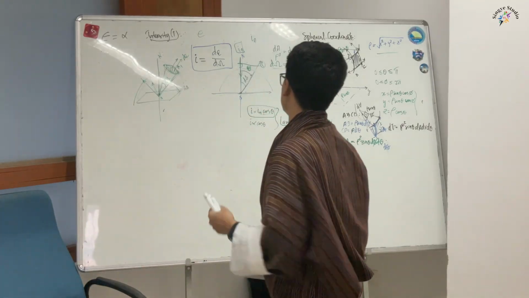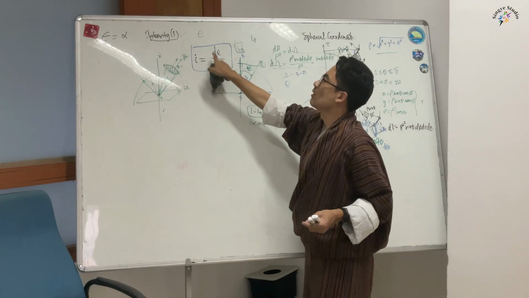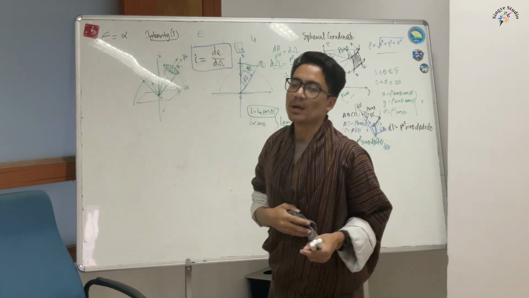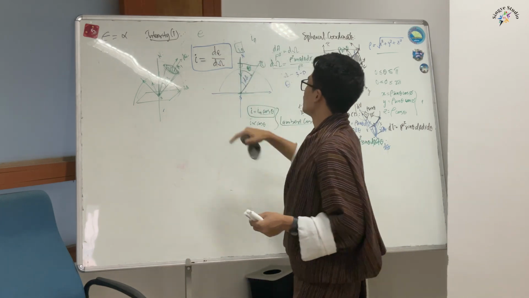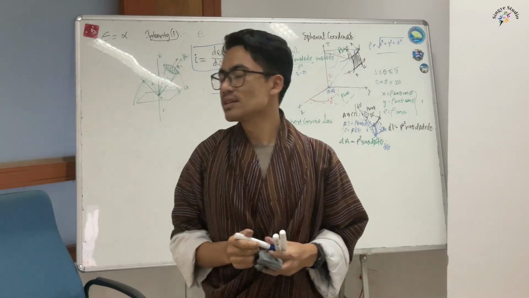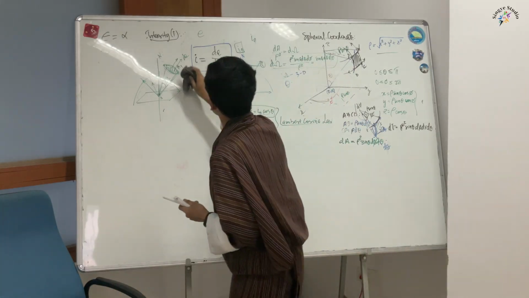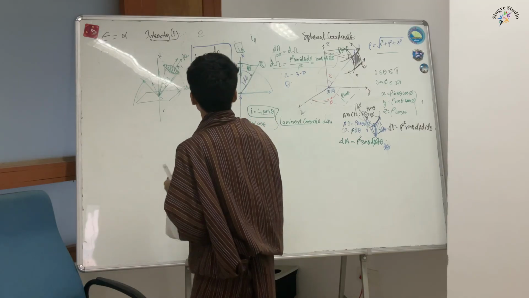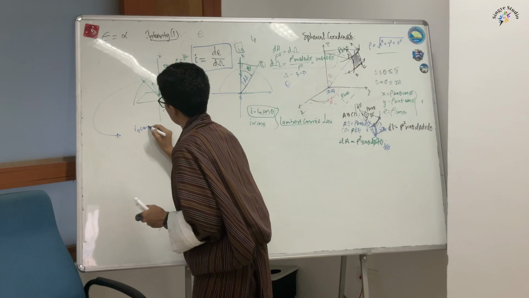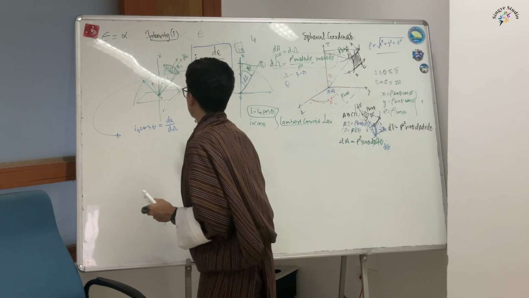Now, I want to find the emission power from this equation by using the intensity. From here, I can replace I by IN cosine theta, right? By doing that, what I will get is IN cosine theta equals dE by d omega.